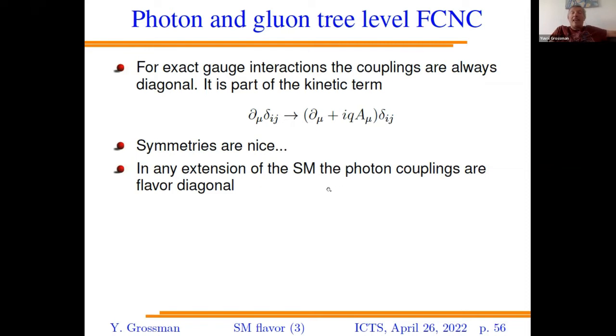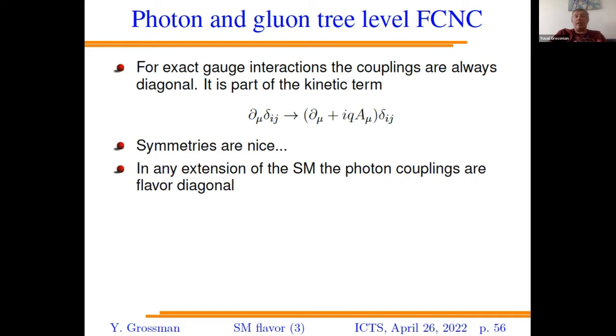And that means that in any extension of the standard model, there must be a universal coupling. Sometimes you do a calculation and it appears as if you get a tree-level photon coupling to an S and a D in some BSM. That implies that you must have something wrong in your calculation. If you are getting this result, something went wrong in the calculation. There's a symmetry that guarantees it, okay?